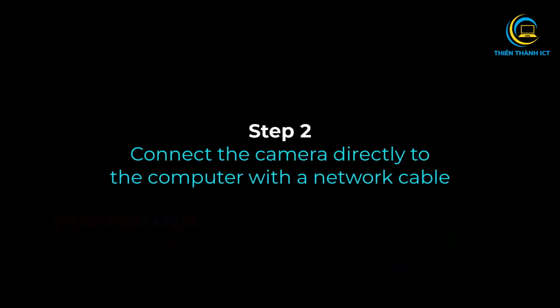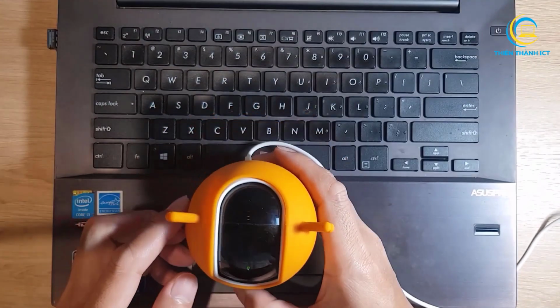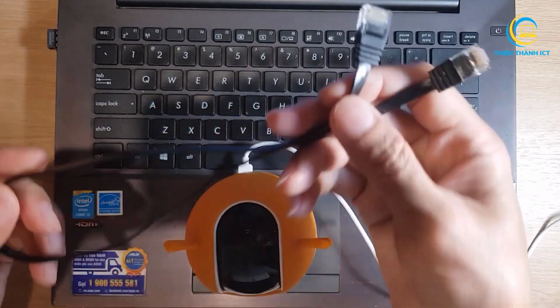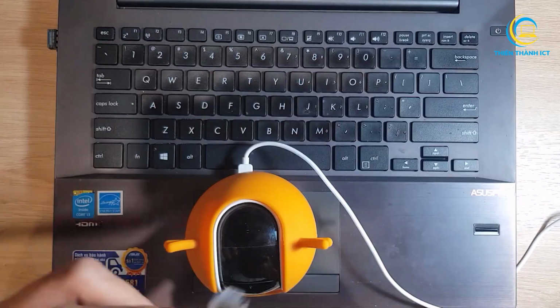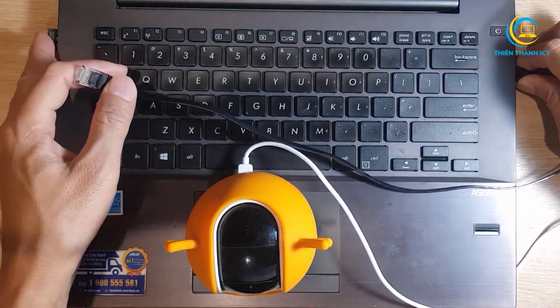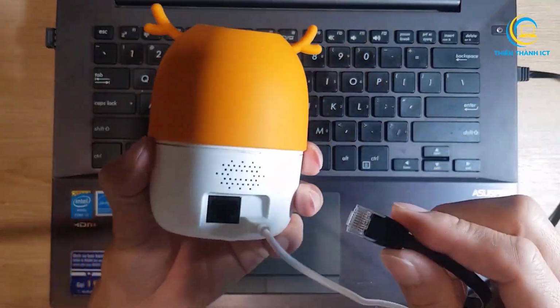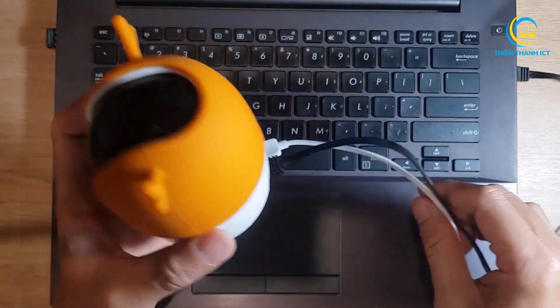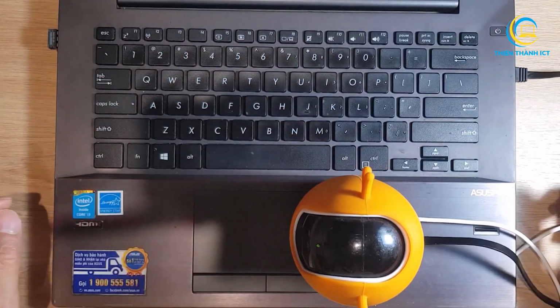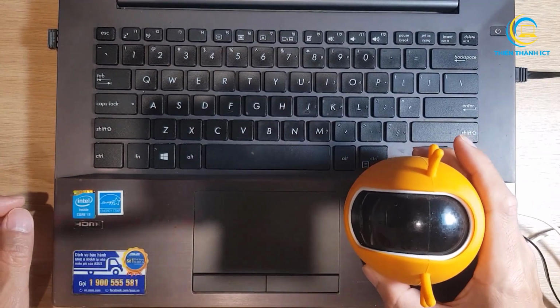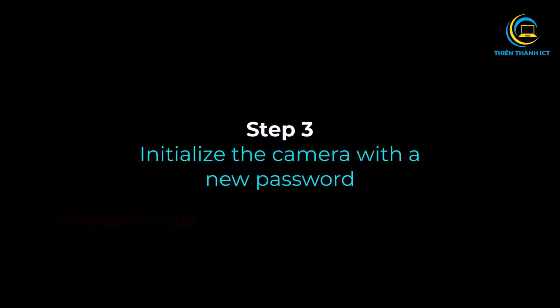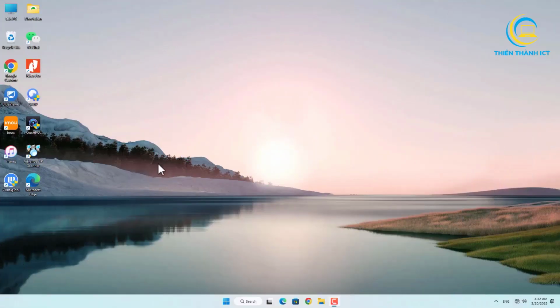Step 2. Connect the camera directly to the computer with a network cable. Step 3. Initialize the camera with a new password.